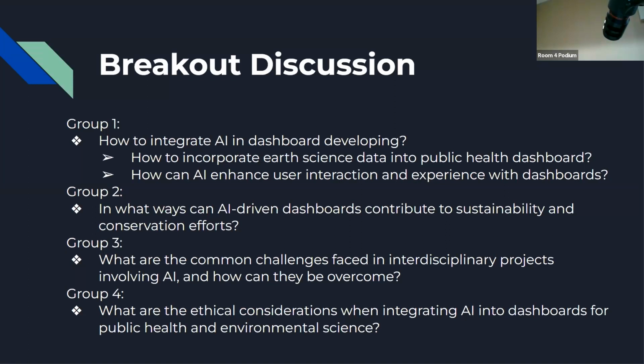Okay, so for in what ways AI dashboards contribute to sustainability and conservation efforts? I don't think we exactly answered the question, but we were close. We talked a lot about how AI could support some of these dashboard initiatives.